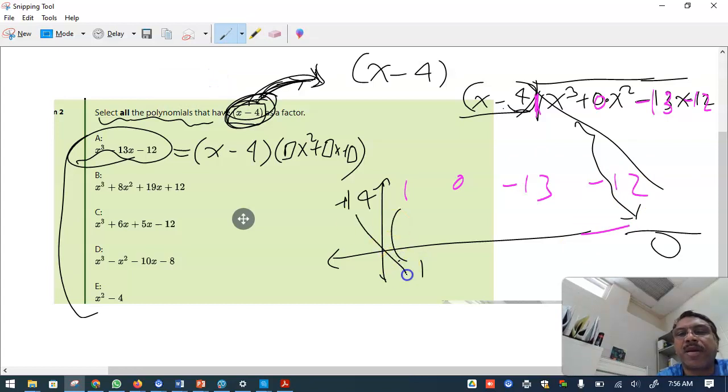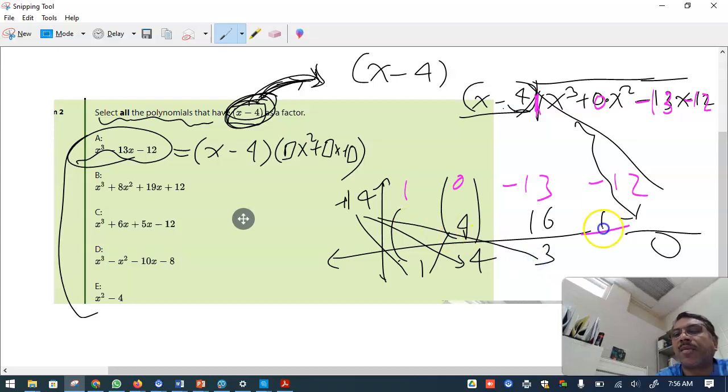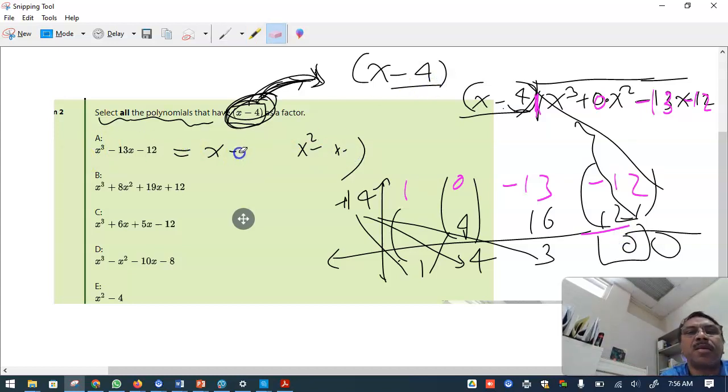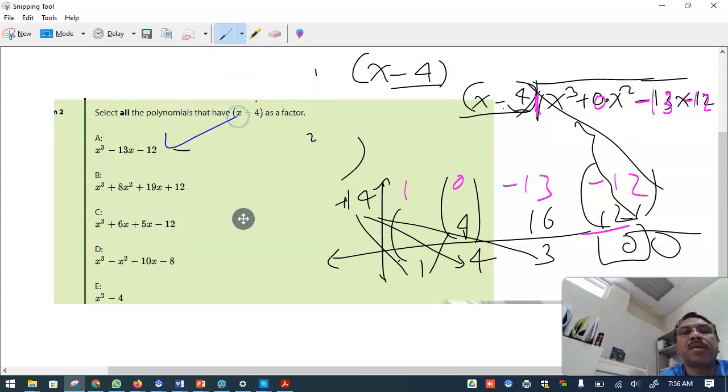Drop down this 1, 4 times 1 is 4, add this 0, it becomes 4, 4 times 4 is 16, this will be 3, and then 4 times 3 is 12, and clearly you see you get a 0 here. So that means x minus 4 is a factor, so the first one is true. So this is a factor of the first polynomial.